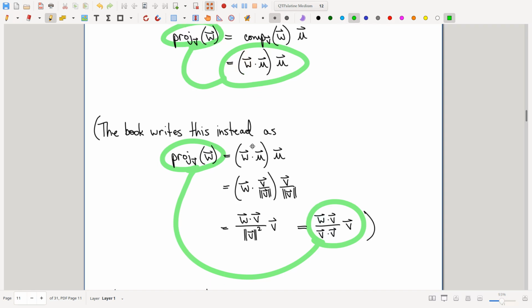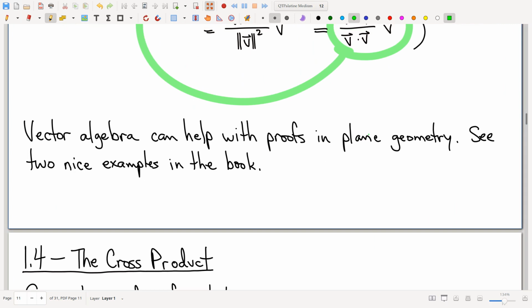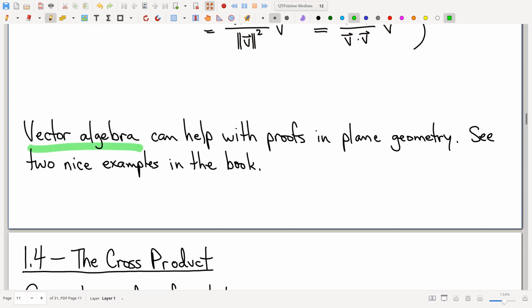All right, last little quickie comment before we go on to 1.4. The book has, I think, a couple of examples anyway, of showing how you can use vector algebra to do proofs in plane geometry. There are some pretty cool little arguments there that they can't show you in high school geometry classes because you don't know what a vector is at that stage. Well, in most cases, all exceptions granted.